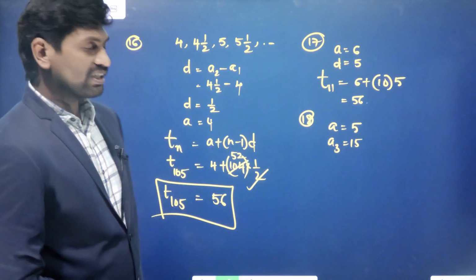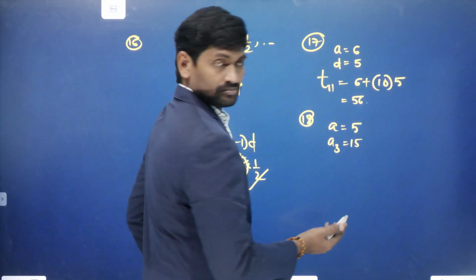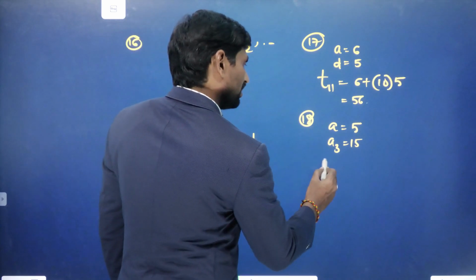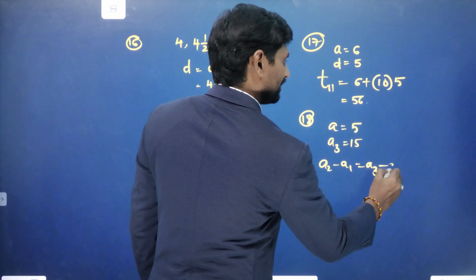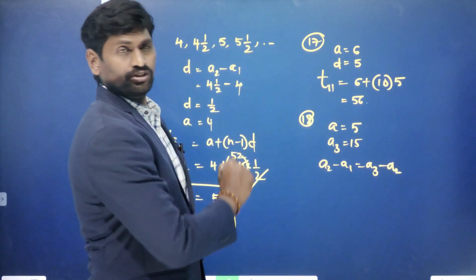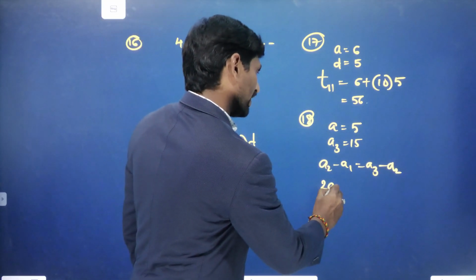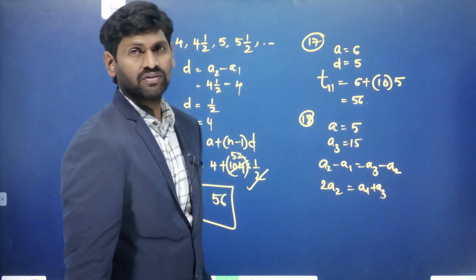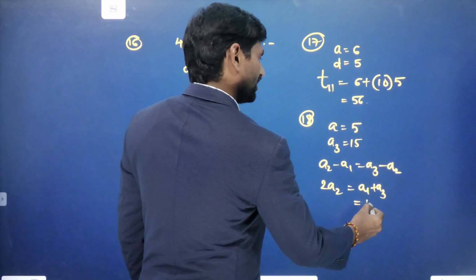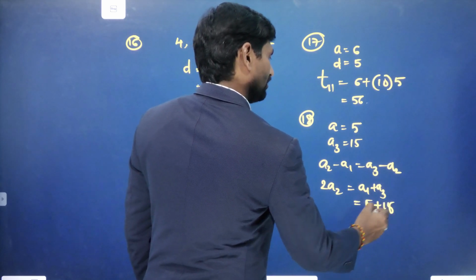How to find that second term? Formula: a2 minus a1 is equals to a3 minus a2. So minus a2 bring this side, plus a2. So 2 times a2 is equals to a1 plus a3. a1 value 5, a3 value 15. So answer will be 20.